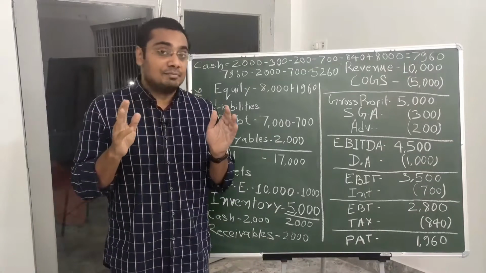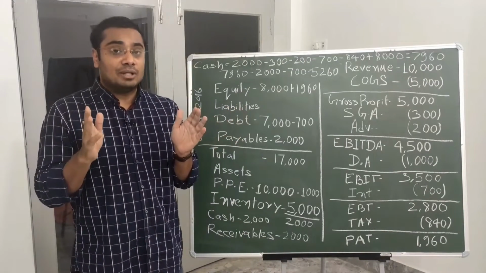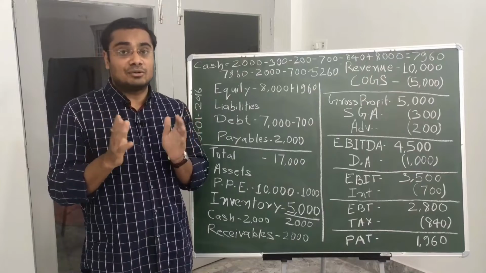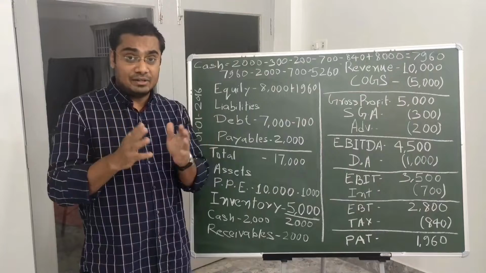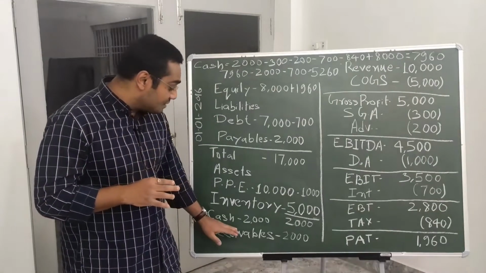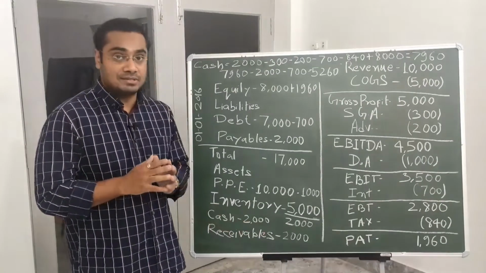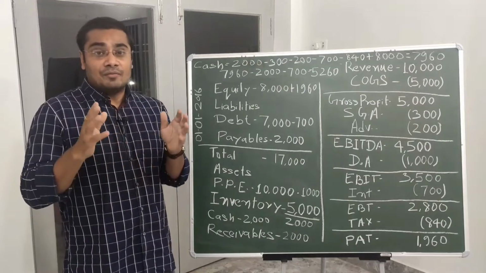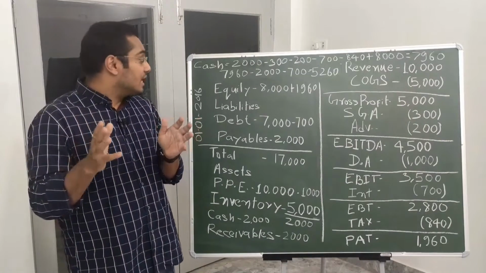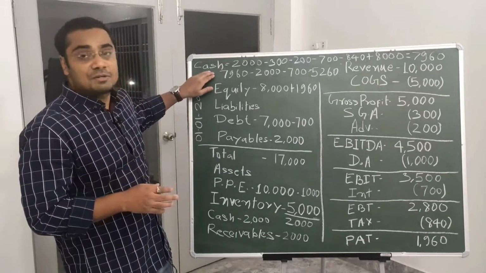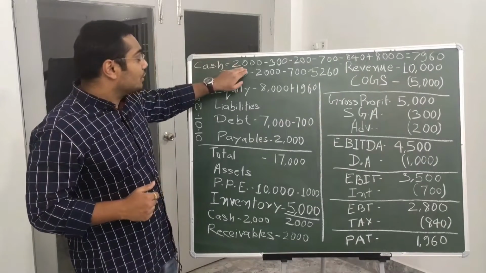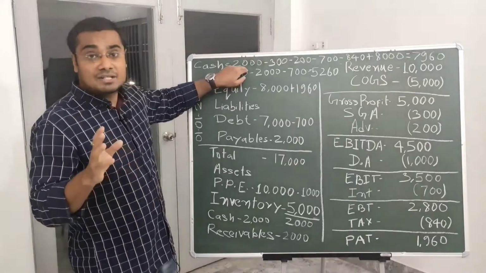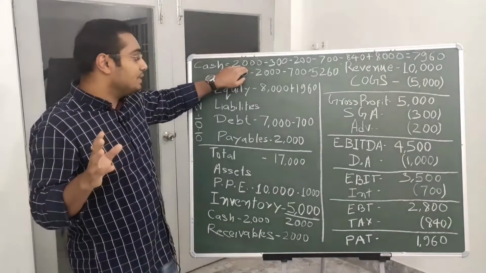The 8,000 rupees, the company's cash position we will calculate with the help of these 8,000 rupees. At the beginning of operations, in the beginning of the year, the company had a cash of 2,000 rupees. Now we see where the company has spent the cash money. We calculate our cash position by the end of the year here. The company starts with a cash amount of 2,000 rupees.